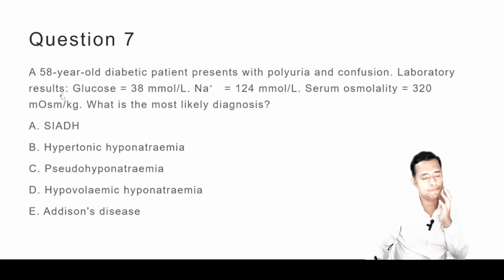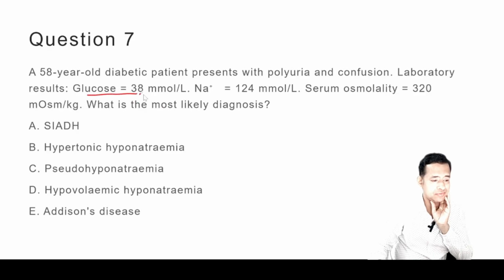Question 7: a 58-year-old diabetic patient presents with polyuria and confusion. Lab results reveal glucose is 38, sodium is 124, and serum osmolality is increased at 320. What is the likely diagnosis? The typical finding is glucose increased, sodium decreased, and osmolality increased.